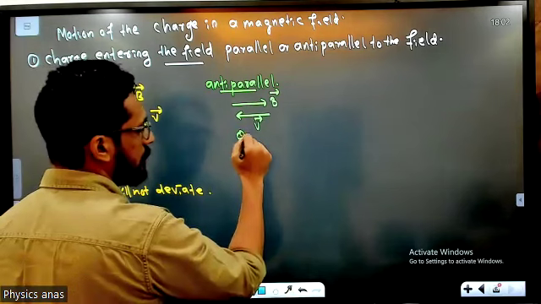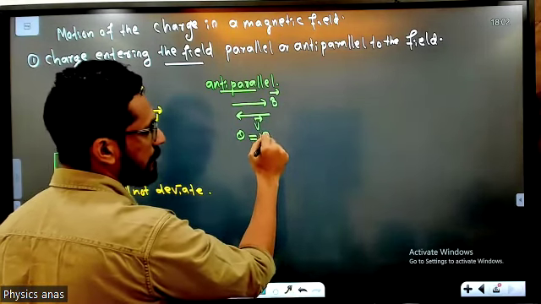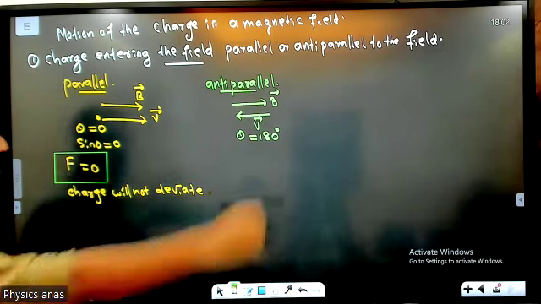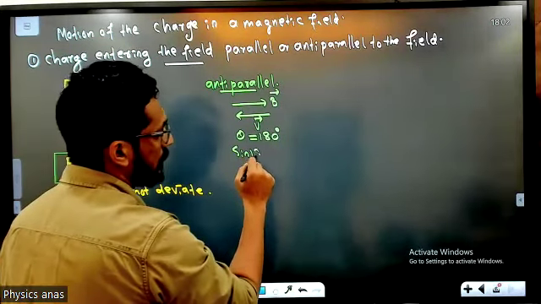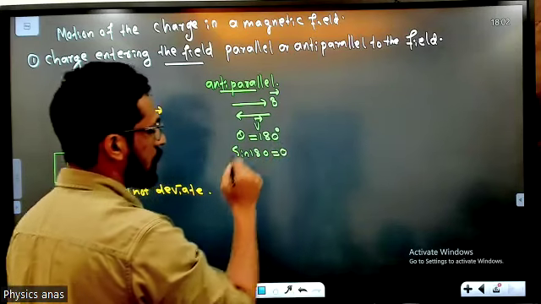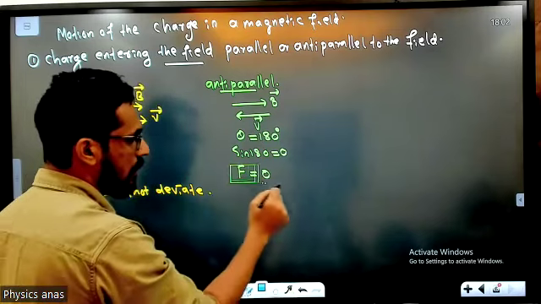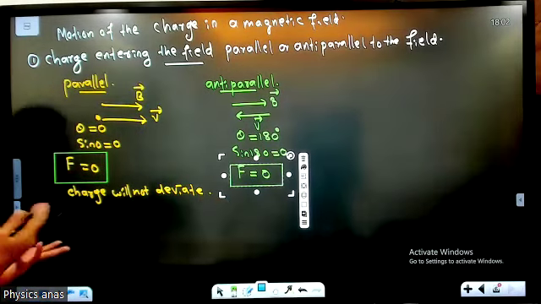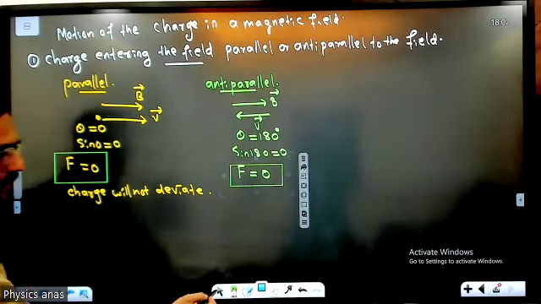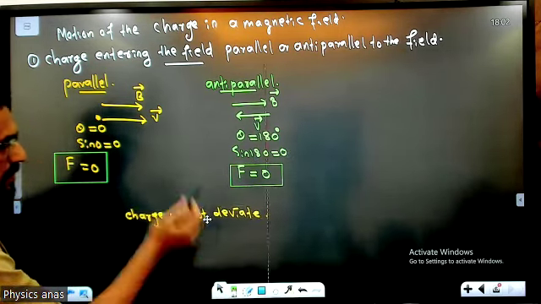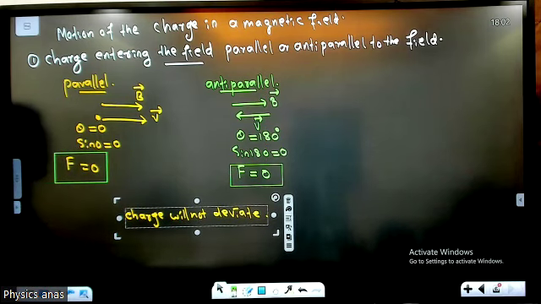That's 180 degree. What is sine 180? Sine 180 is again 0. Then the force is 0. So the charge will not deviate. This is common for both the cases.